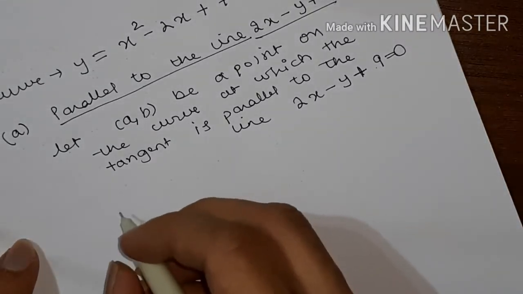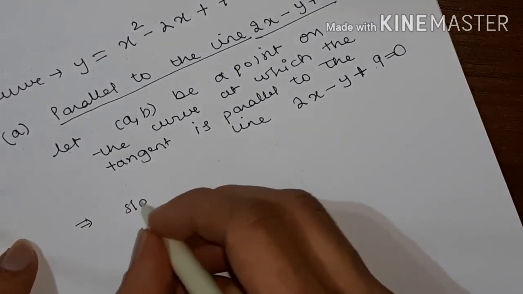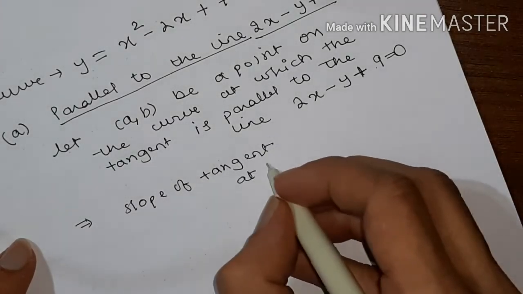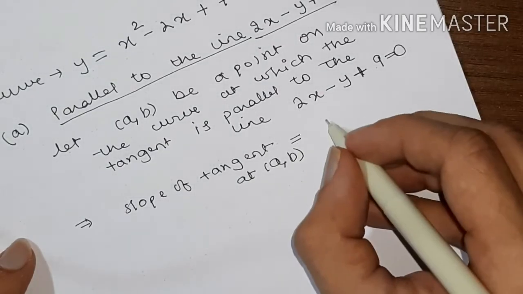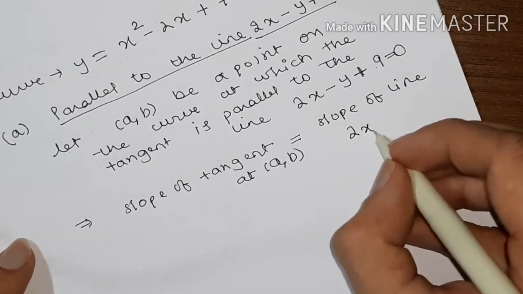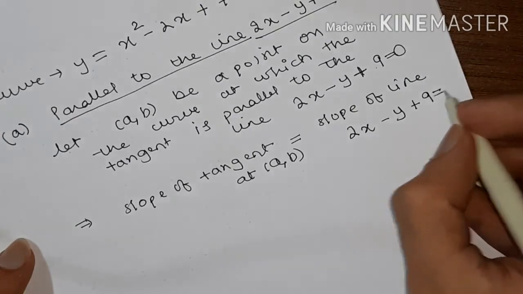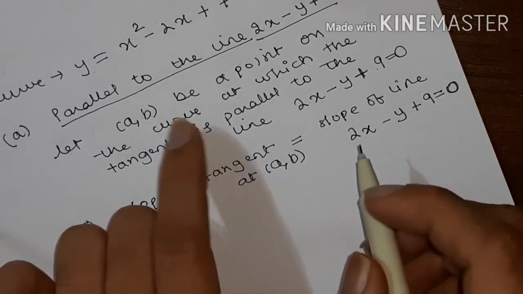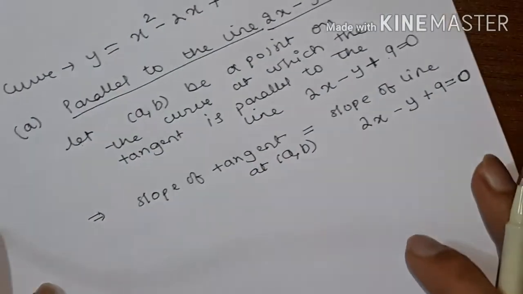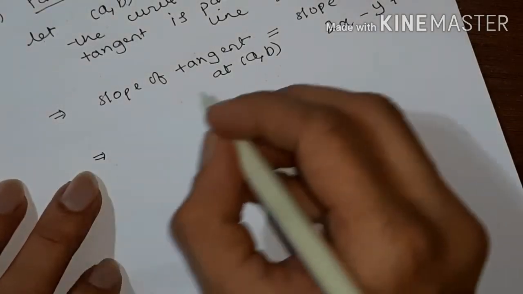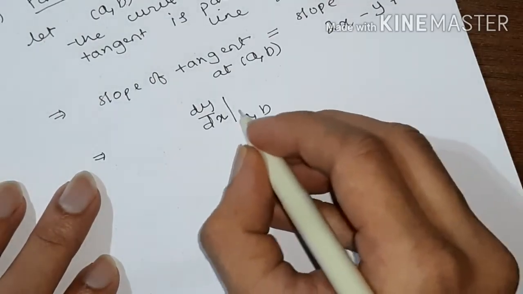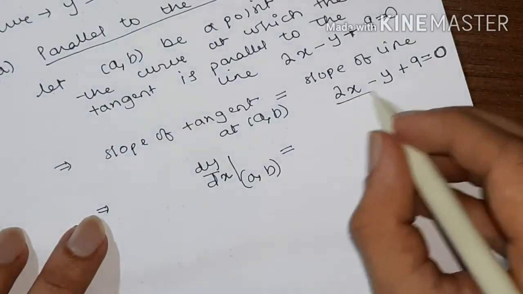So that means the slope of the tangent at (a, b) is equal to the slope of the line 2x minus y plus 9 equal to 0, because the tangent and the line are parallel, so their slopes will be equal. So this implies dy by dx at the point (a, b) is equal to the slope of this line.